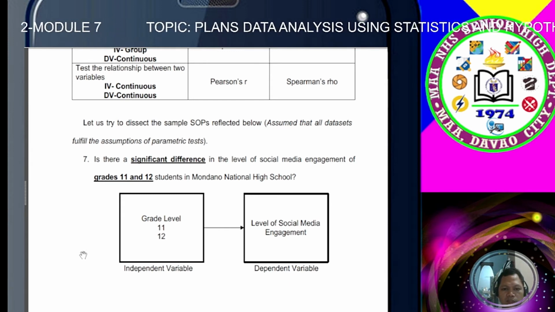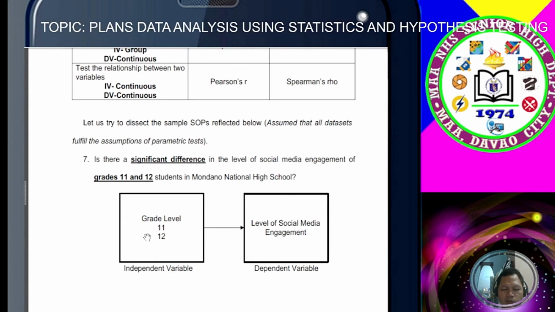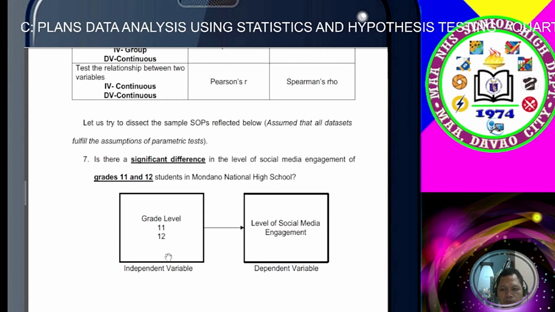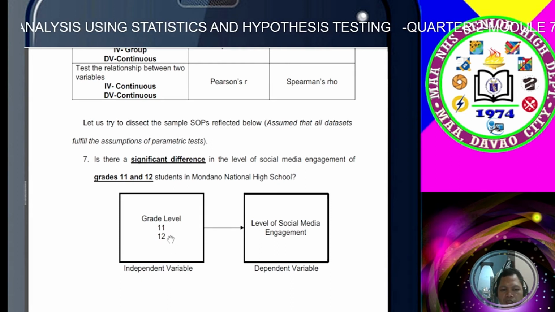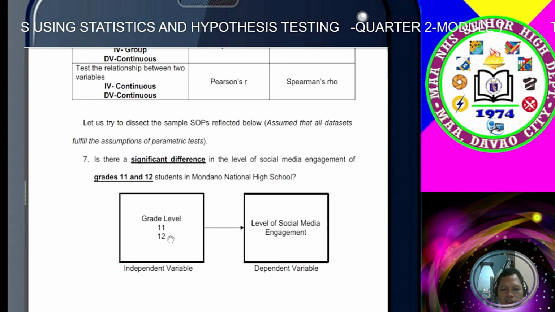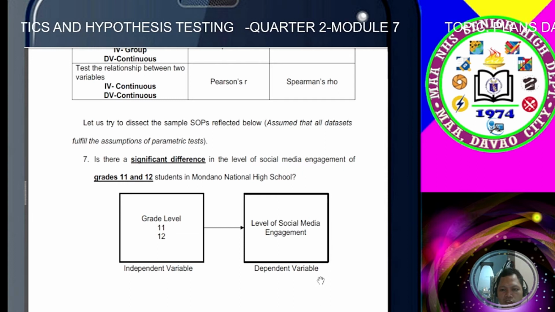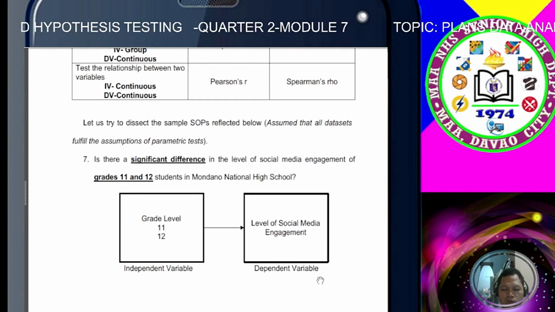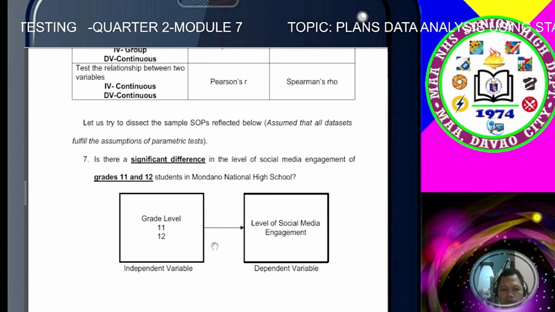Your IV here is the Grade 11 and Grade 12, which is a group or categorical data, while your dependent variable here is the level of social media engagement, which is a continuous data set. Okay, so this is the conceptual framework.